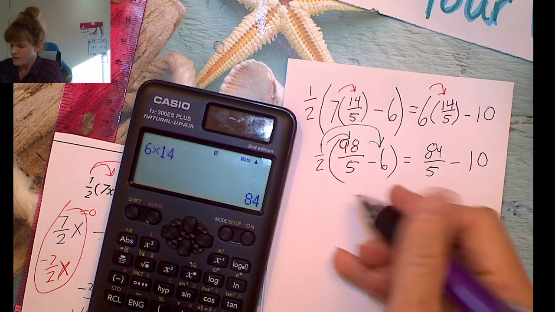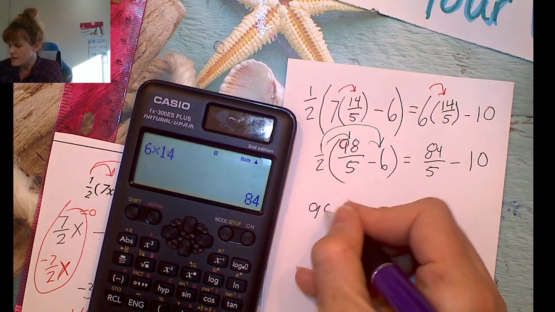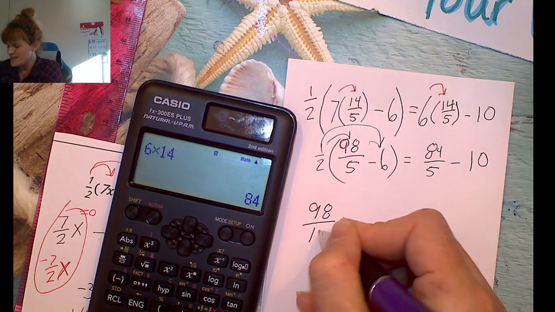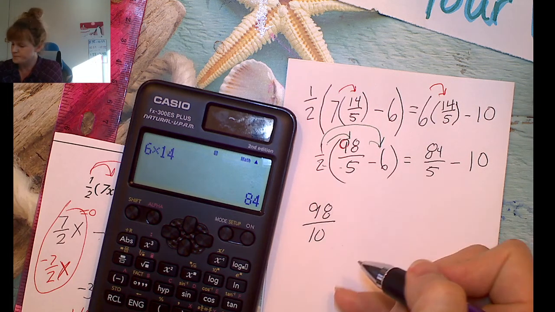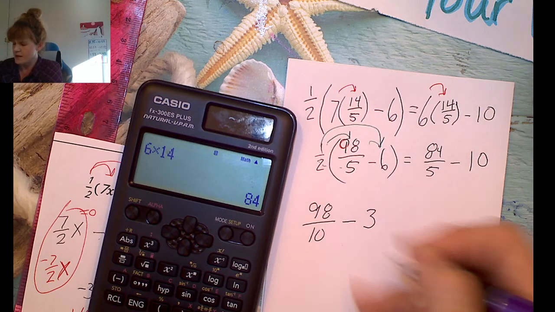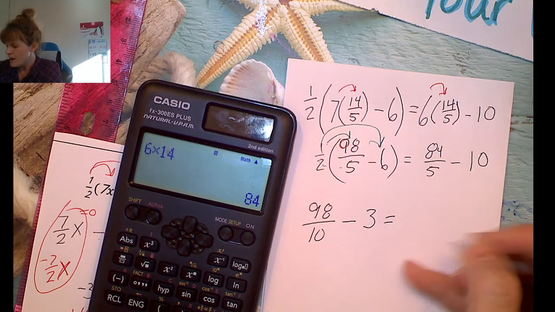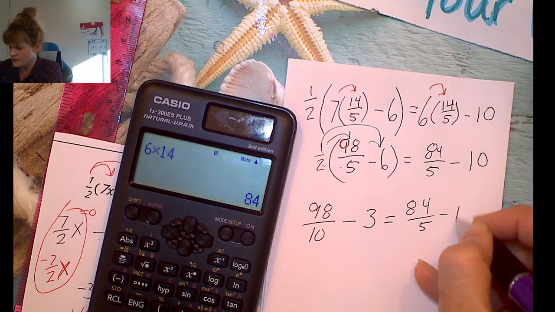Well, I'm pretty good at fractions. I know that 1/2 times 98/5 is equal to 98/10 because the denominators will multiply together. And 1/2 times -6 is -3. And that's still equal to 84/5 minus 10.